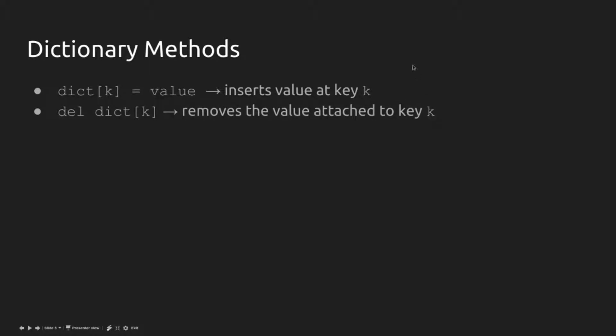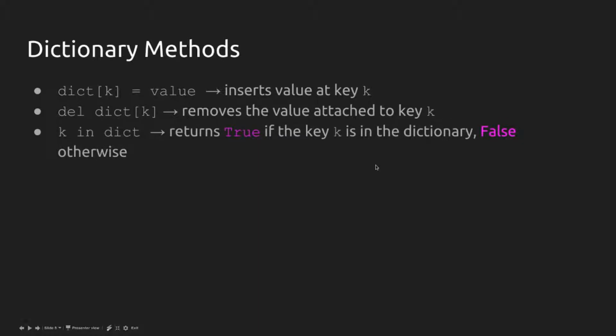We can delete values at a specific key by saying del and then dict and then the key inside square brackets. Just like we can do element in list, we can do key in dictionary, and that will return true if the key k is in the dictionary, false otherwise.